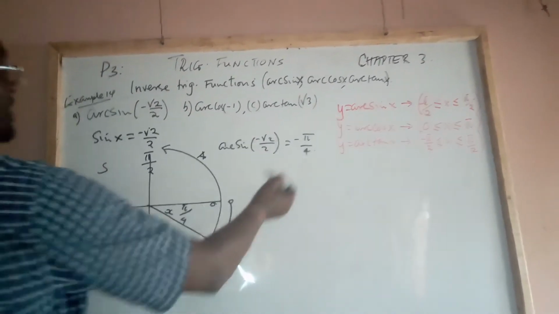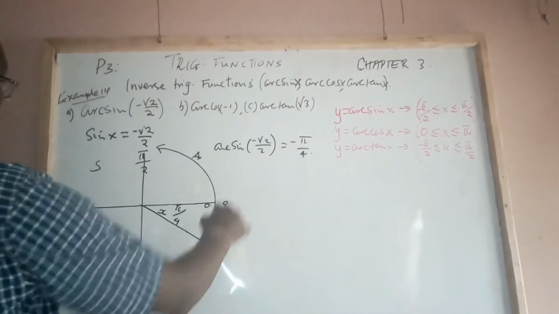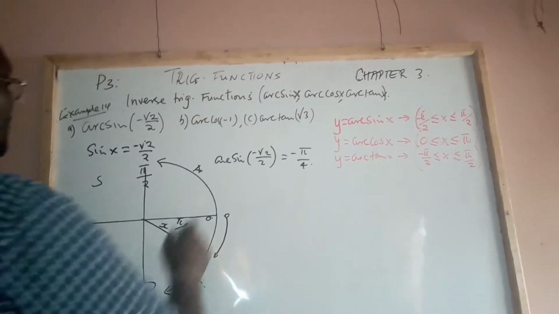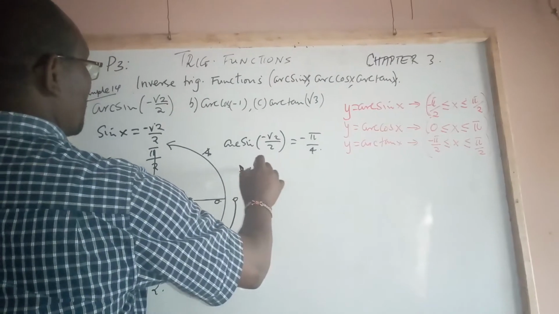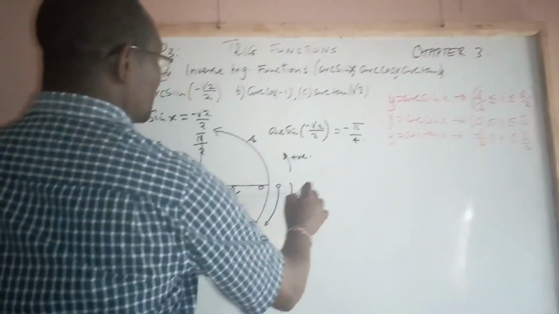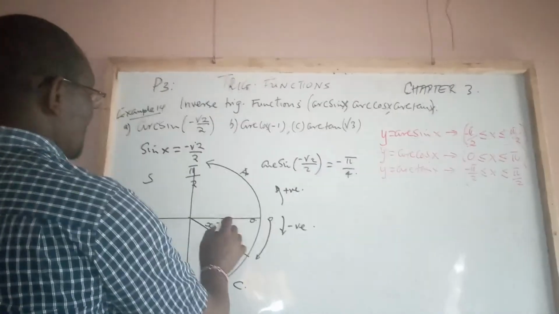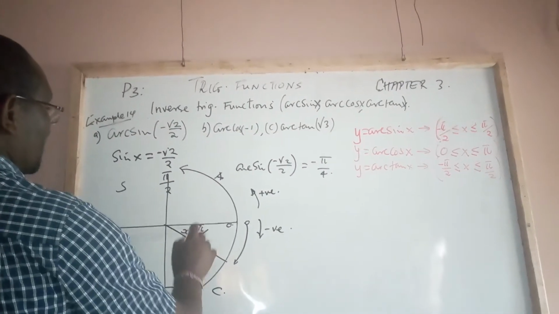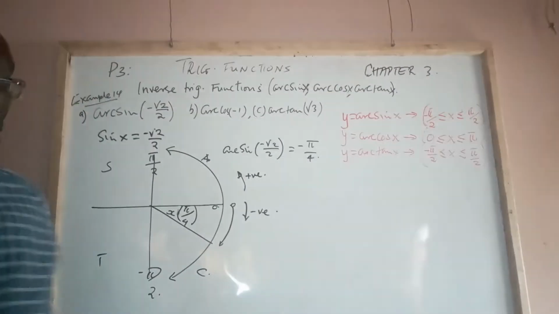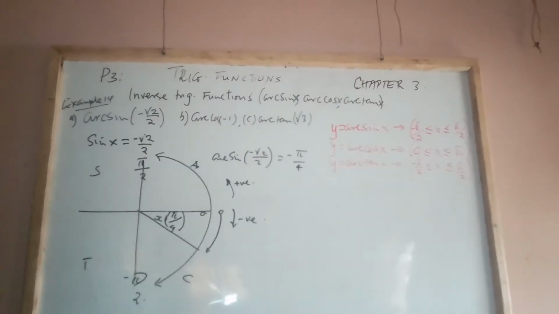And because it is minus, it is going in the clockwise direction, because this is the positive direction and this is the negative direction. So it qualifies to be minus. But we don't need to put negative there, because the direction already tells us where we are headed.